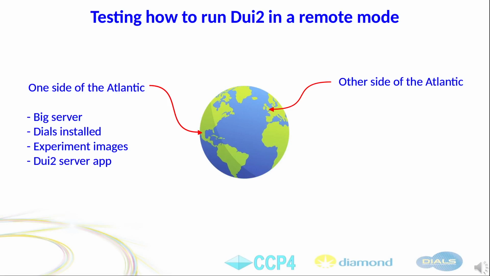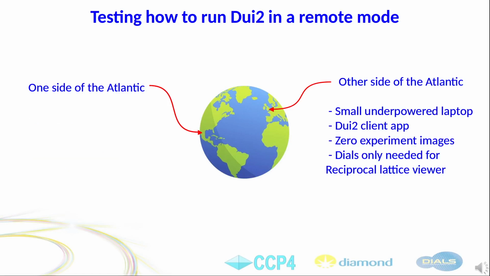What we achieved so far: I installed it in a server in the north of Mexico, where I did my PhD. I installed DIALS. I copied experimental images there, and the server side of the DUI app. And from the other side of the Atlantic Ocean, in Wiltshire, UK, from my home, on a very underpowered laptop, a Chromebook, I installed the client side of the app.